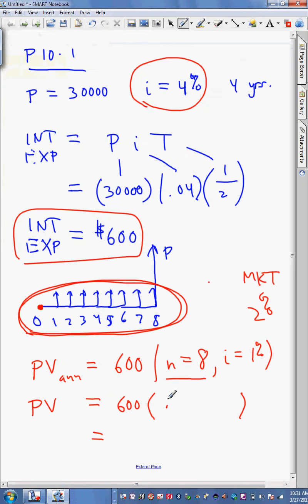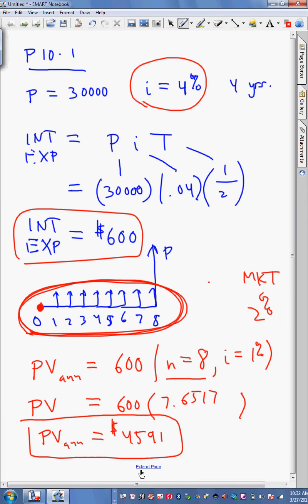So 7.6517. And if I do the math, I think I get 4,591. There you go. Present value of an annuity. Again, that's the value today of this stream of cash flows. Okay, so that's one piece of the puzzle.